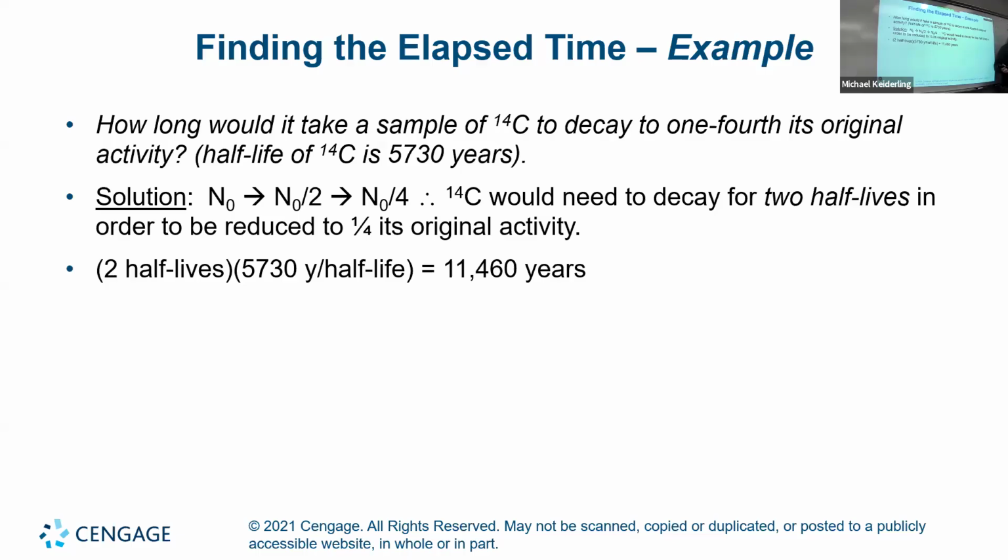To get down to 1/4 of its original activity, it would need to decay for 2 half-lives. That's 11,460 years. So we can use this to date things. There are a whole bunch of complications in this, but this is actually something used for dating, and we've gotten better and better at this process over time.